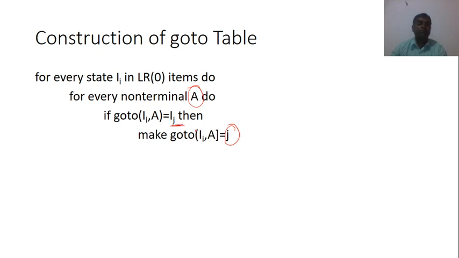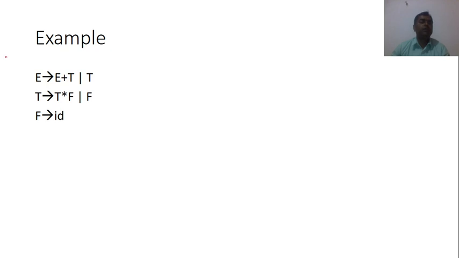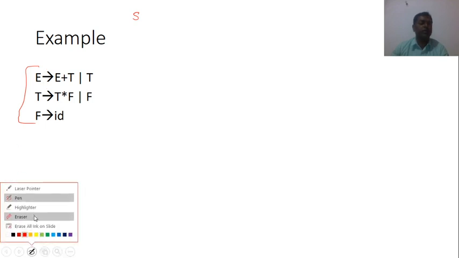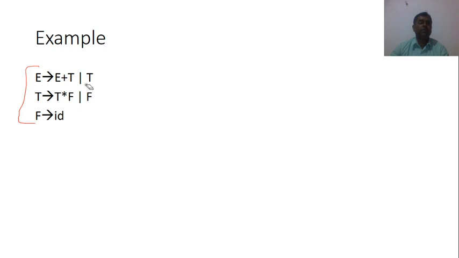Remember that. For example, you are given this grammar and your task is to construct the LR0 parsing table. How will you do it? First, convert this grammar into the augmented grammar. Here E is the start symbol, that's why I am taking E prime, a symbol which is not present in the grammar.